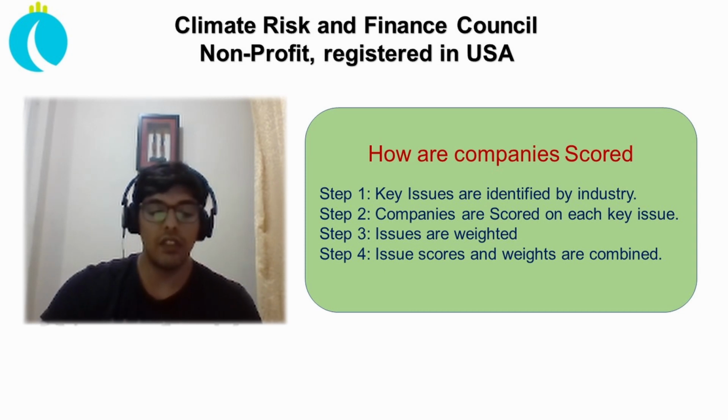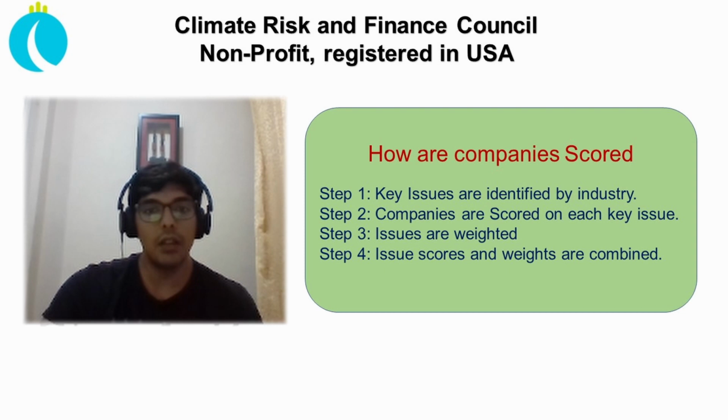The scores are determined by four steps. The first step is to identify key issues by the company's industry. Things like petrochemical industries and the IT sector are different. The first step is to identify the key metrics in the industry.